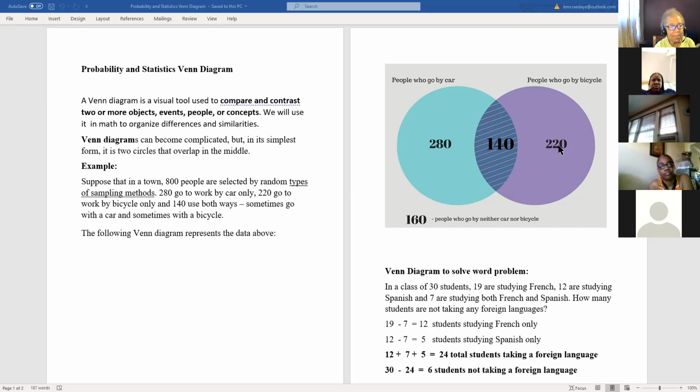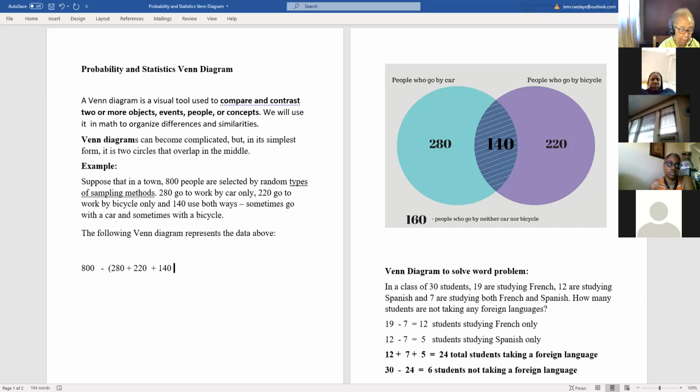If I subtract the 640 from the 800, let me put it over here. 800, that's the total, minus the sum of the 280, the people who go by car, plus the 140, plus the 220, the ones who go by bicycle, plus the 140 who go both ways.